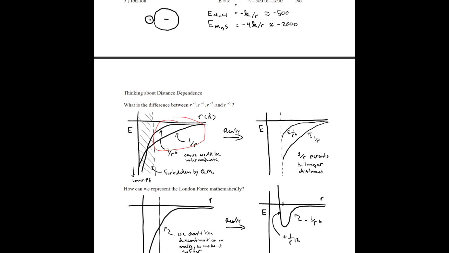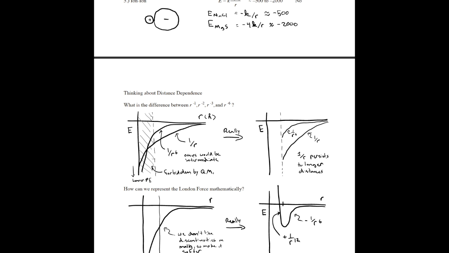If I pick some distance r, you can see 1 over r goes to that value, but 1 over r to the 6th only goes down to this point right in here. So in other words, that's part of where ion, which goes as 1 over r, gets its bigger energy from: this is down further, and this is not down as far for London.